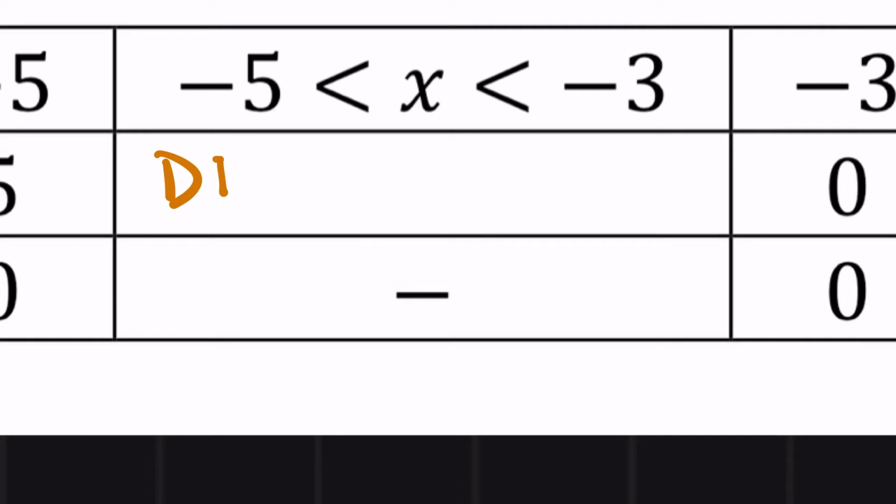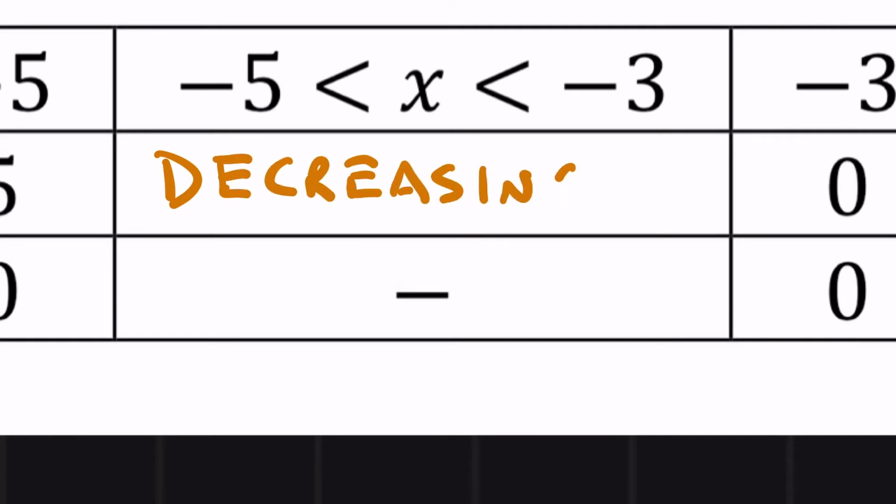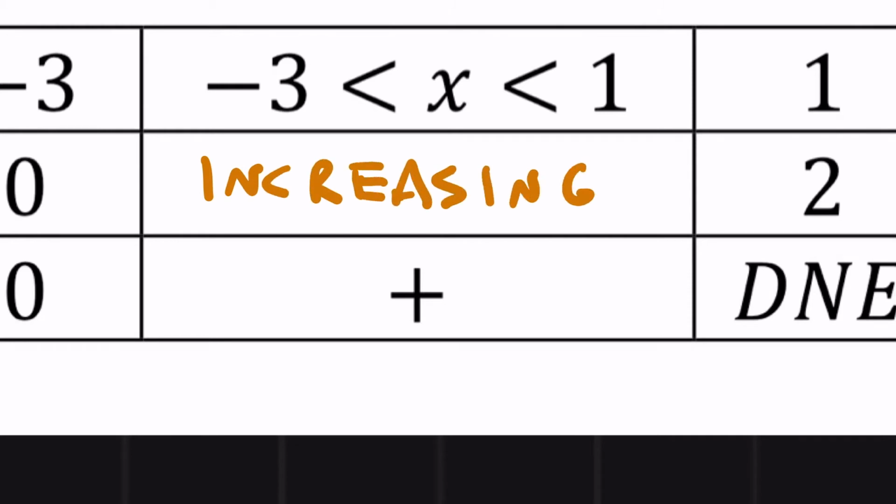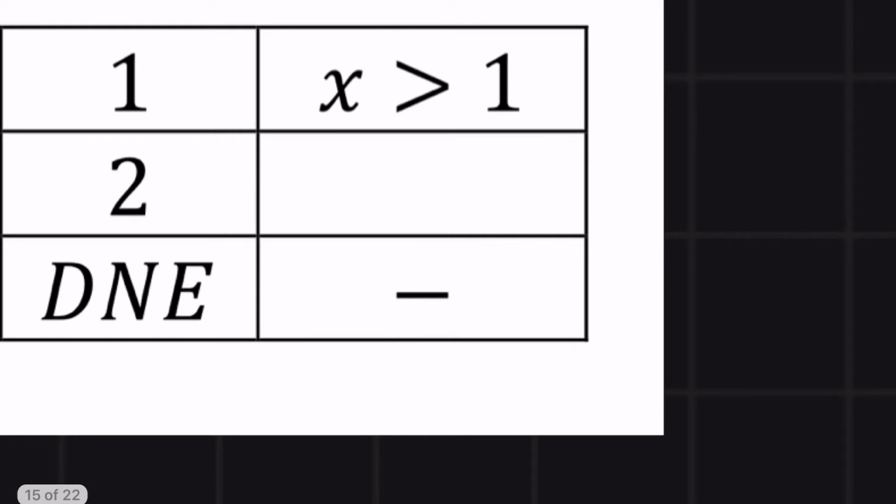Therefore, f would be decreasing. Between -3 and 1, f prime is positive, so f would be increasing. And for x greater than 1, f prime is negative, so f would be decreasing.